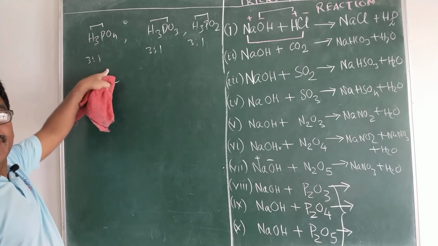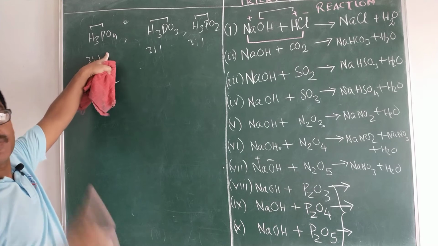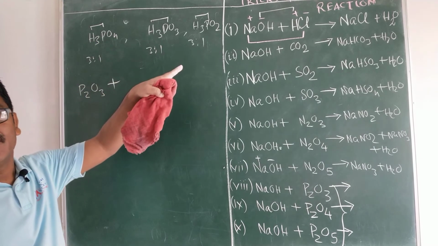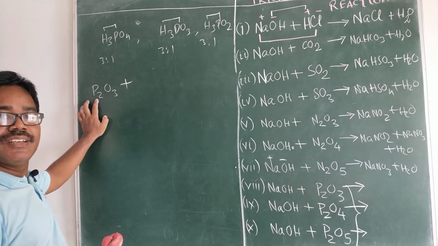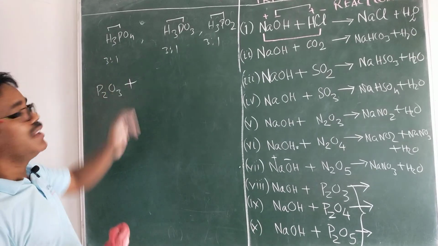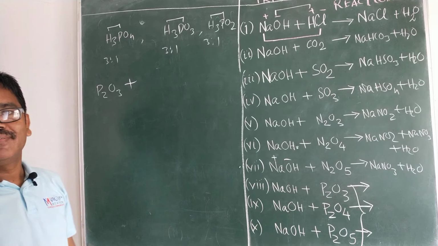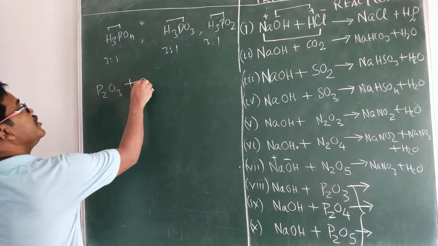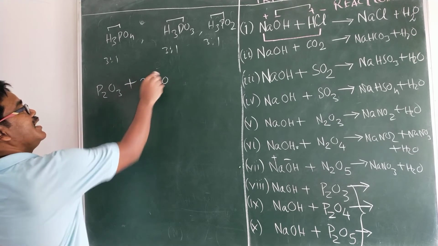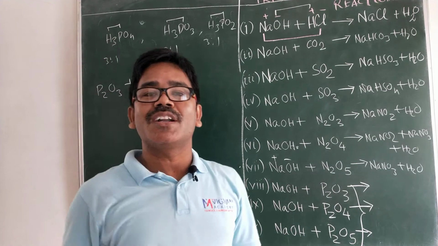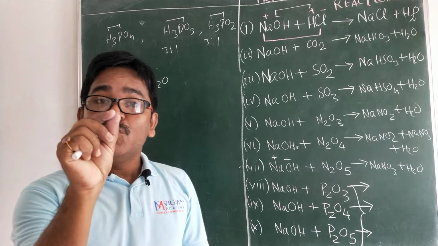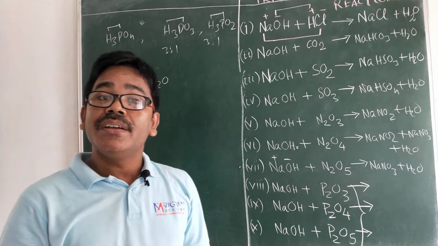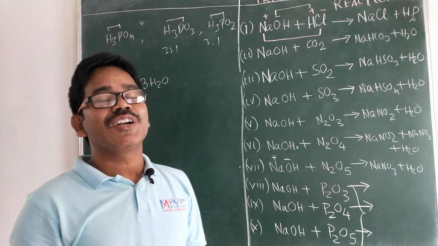That means I need to add 3 water molecules. In all other cases, we added only 1 water molecule, but in case of phosphorus, you should keep in mind, you need to add 3 water molecules, not 1.